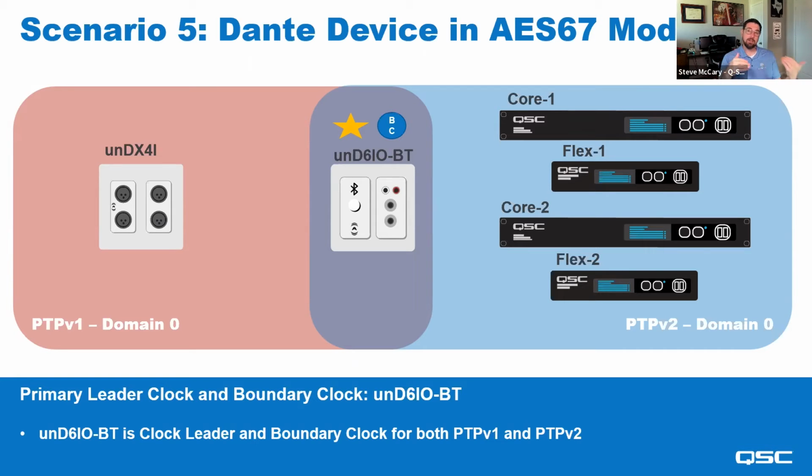So it can clock sync with that DX4I, which is in a V1 domain because it's a Dante-only device. So in this scenario, in order to make all of this stuff be happy, the 6IO BT has to be the clock leader because it is the only device on this network that can communicate with both pieces of equipment.